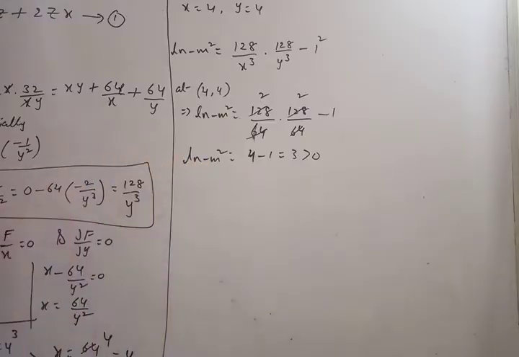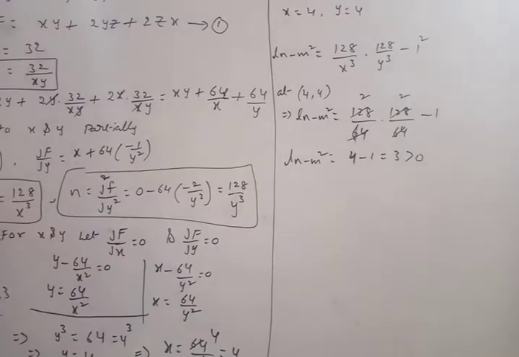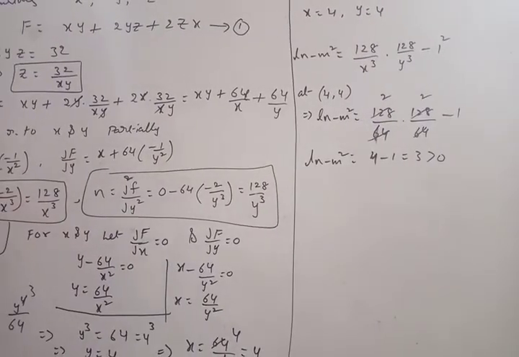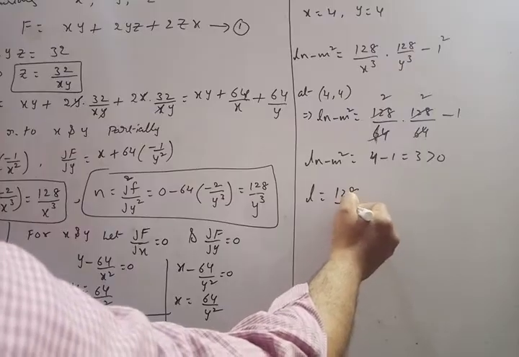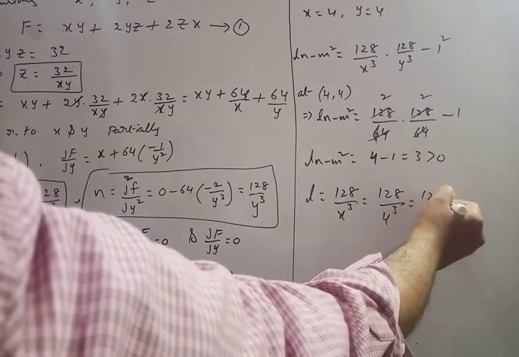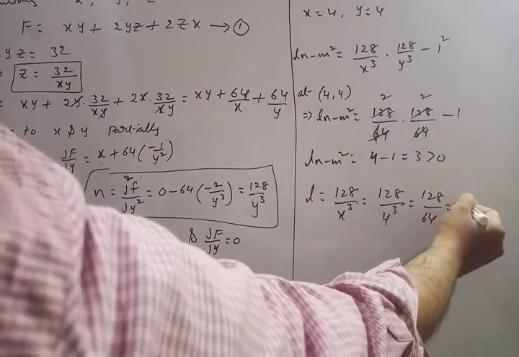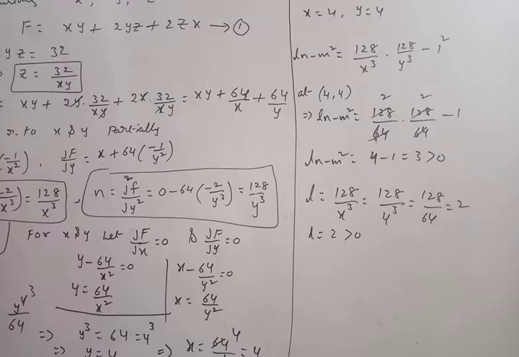Now what is the L value? L is equal to 128 by x cube, so that means 128 by 4 cube. 128 by 64 will give you 2. So L is equal to 2. This one is also greater than 0.